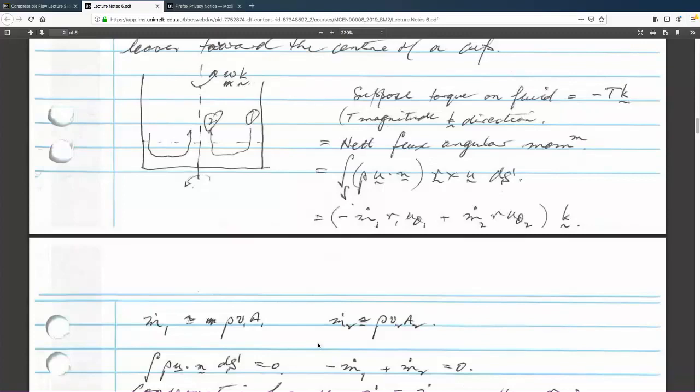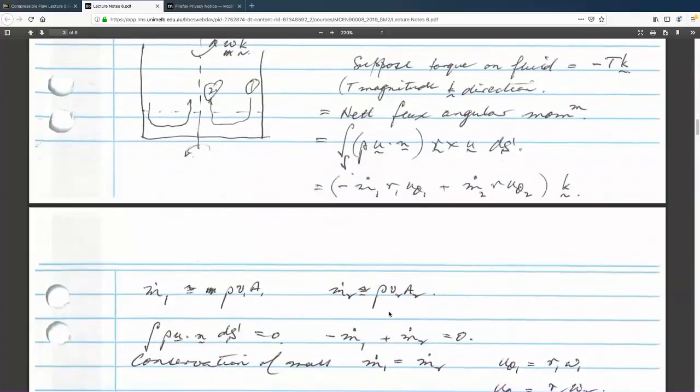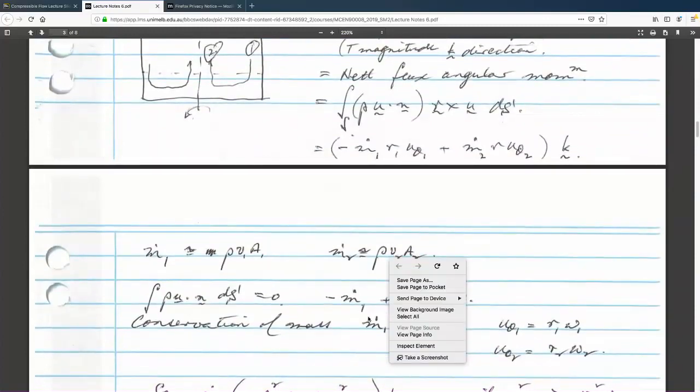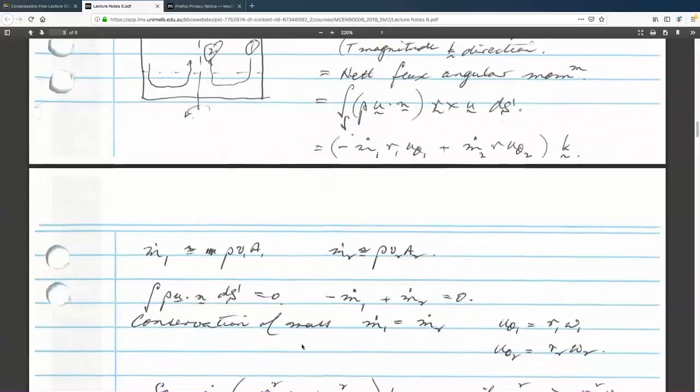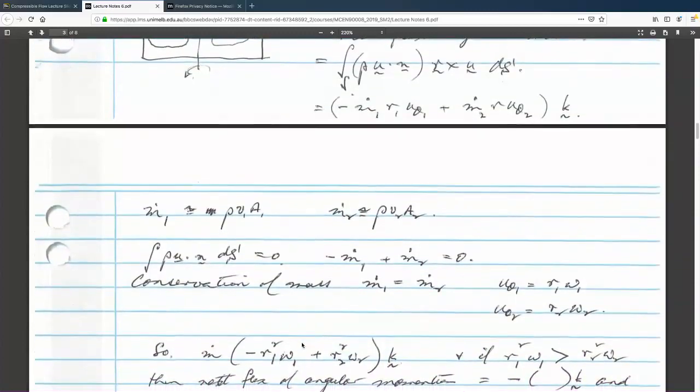Right. So now I'll put that into my equation up here. So I've just written down the obvious. Now, what about some measure of u theta? How fast is this fluid going around? Well, if I was stirring it with a spoon, it'd be almost in solid body rotation.